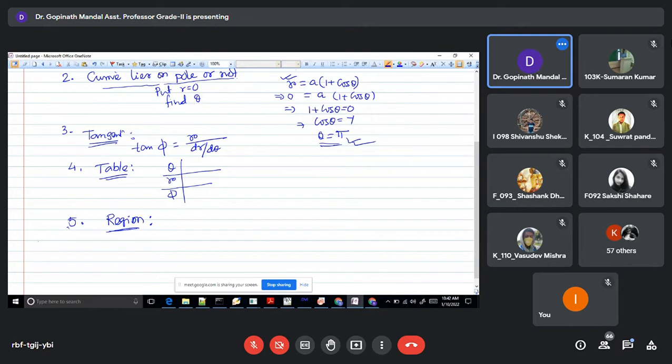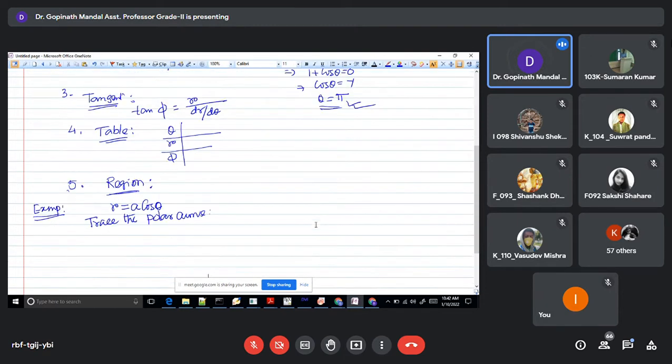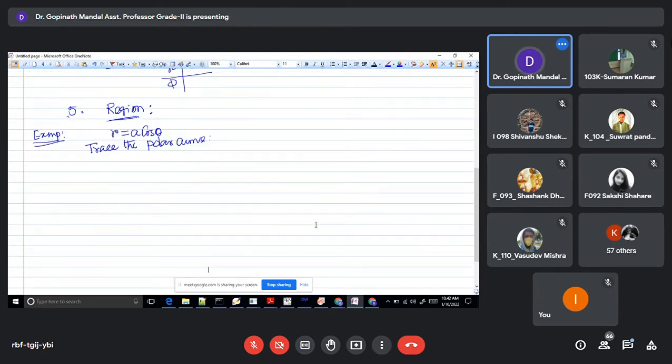Example. Trace the polar curve r equal to a cos theta. First we have to check the symmetry.